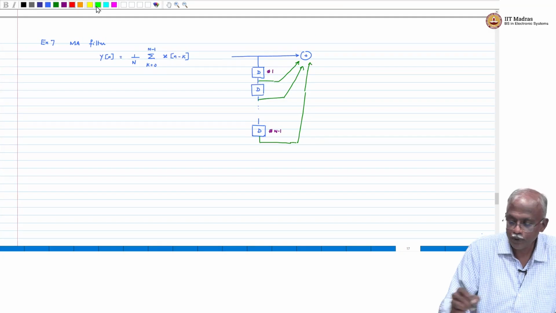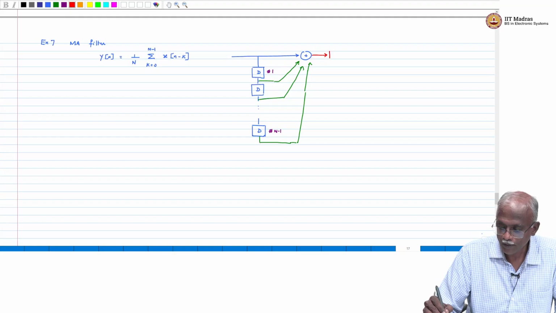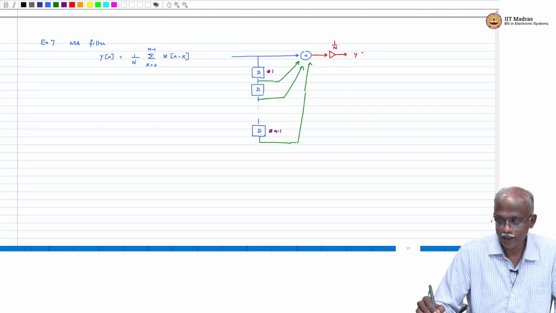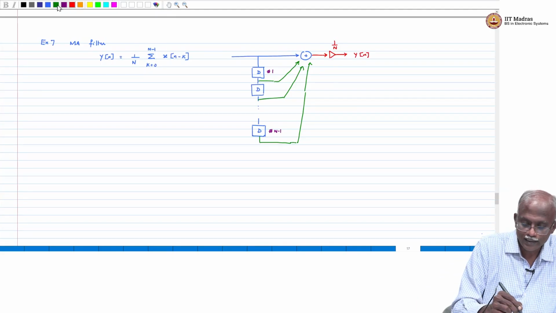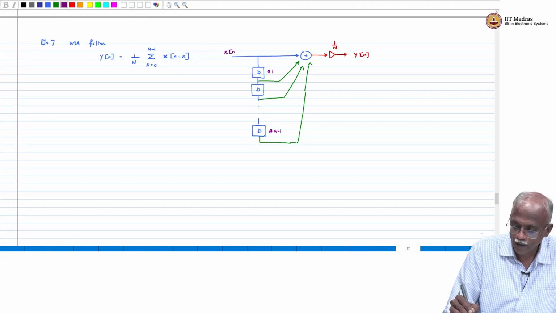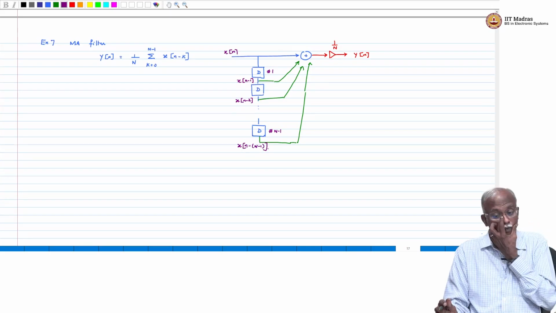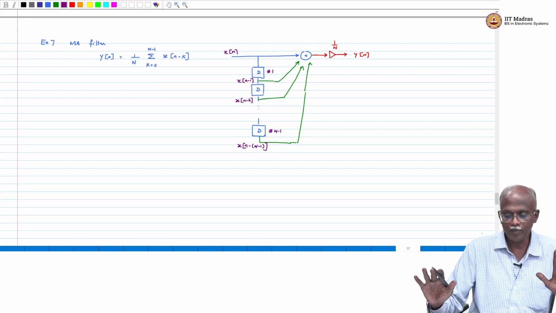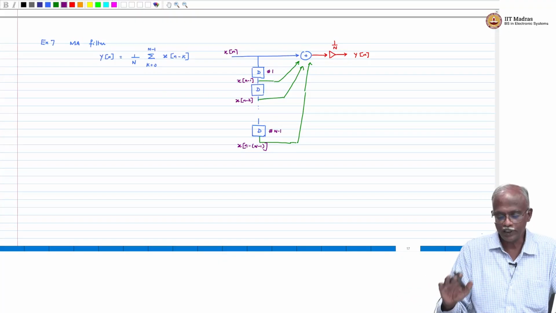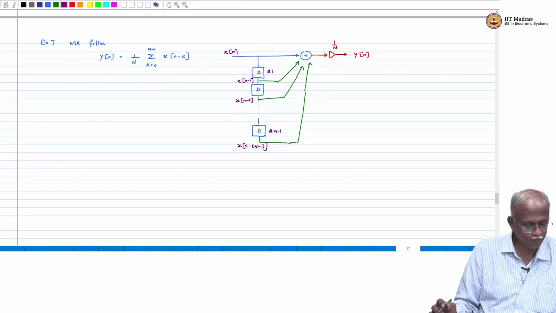Okay, and the output we scale by a factor of 1 over N, and this is my output y of n, this is my input x of n, this will be x of n minus 1, this will be x of n minus 2, this will be x of n minus N plus 1. Okay. So, this is the implementation of the structure. Again, I am sure that you are familiar with this and comfortable with this.